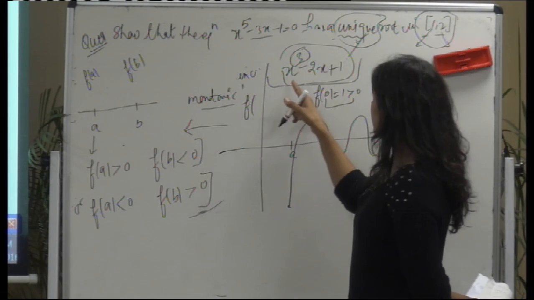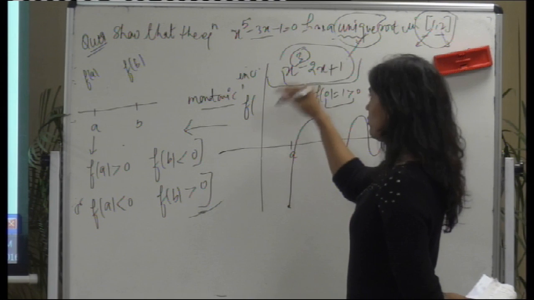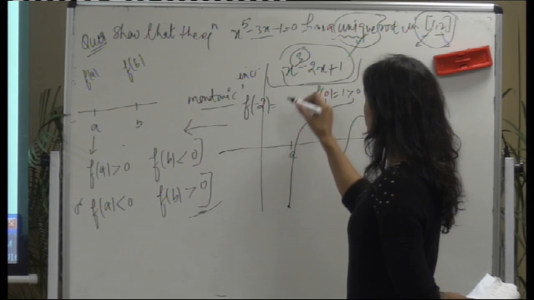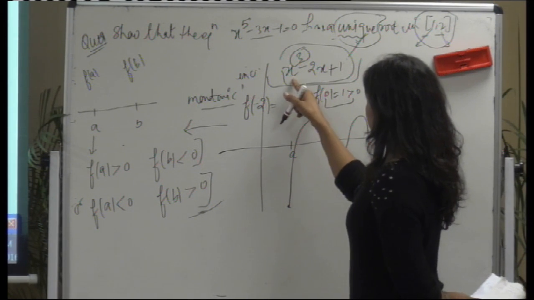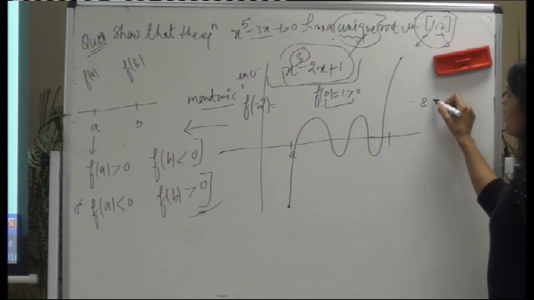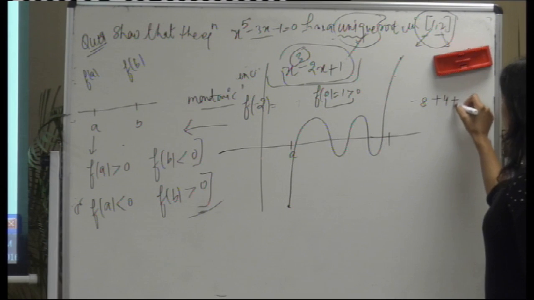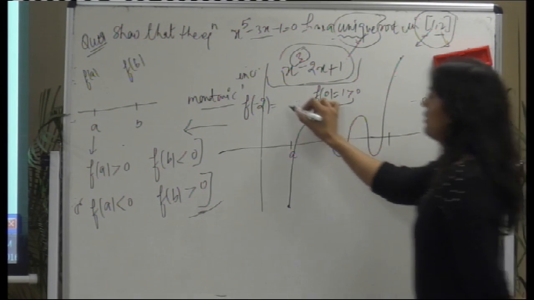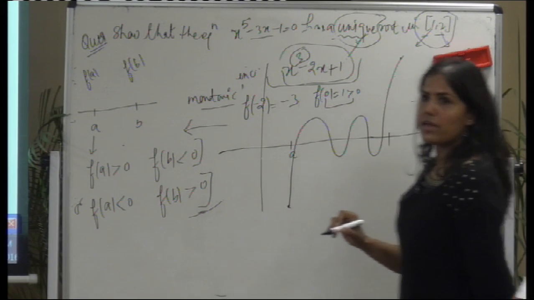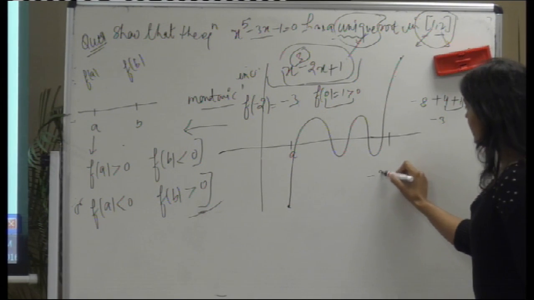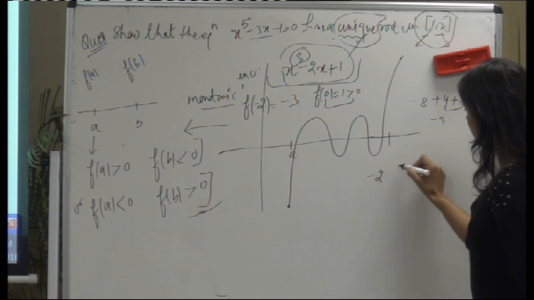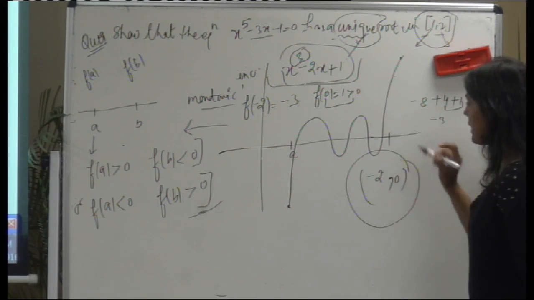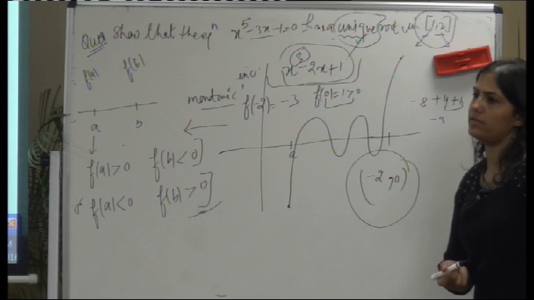At minus 1 it is positive. So minus 2: it is minus 8 plus 4 plus 1, so minus 3. So the interval is minus 2 to 0. In this interval, I am sure that at least one root of this function lies.